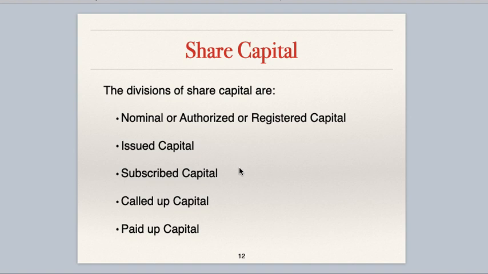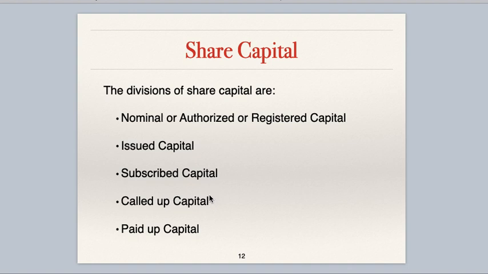But if the company has received 10,000 applications or more than 10,000 applications, then in that case issued capital and subscribed capital would be one and the same. 10,000 multiplied by face value.